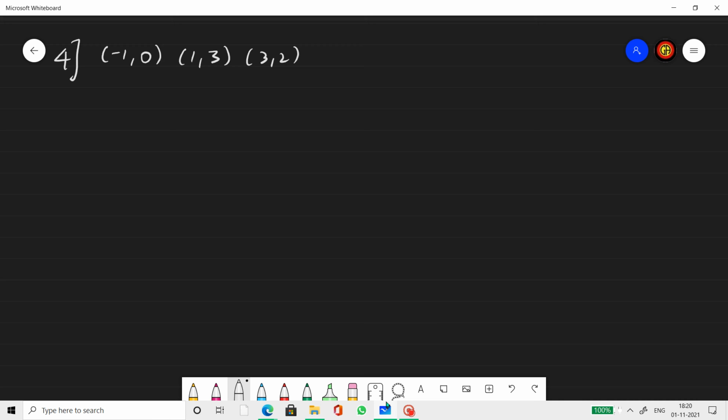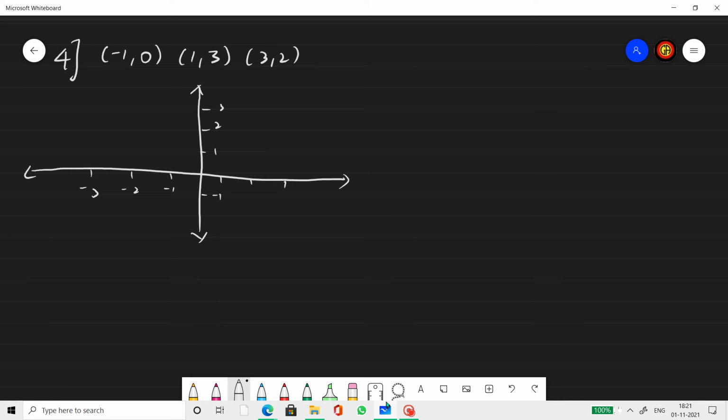The vertices are given like that. Now, let's draw the x and y axis. X is 1, 2, 3, minus 1, minus 2, minus 3, and y is 1, 2, 3, and minus 1, minus 2, and minus 3.